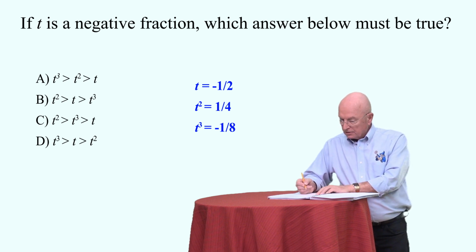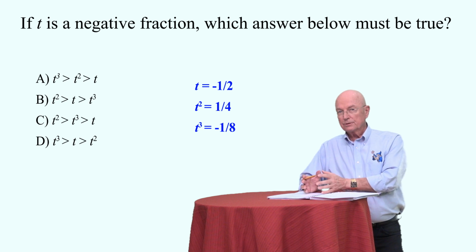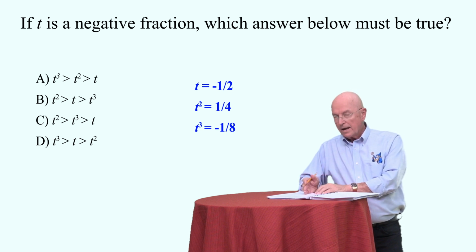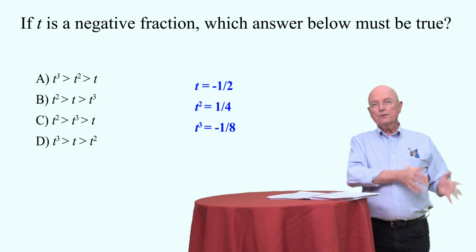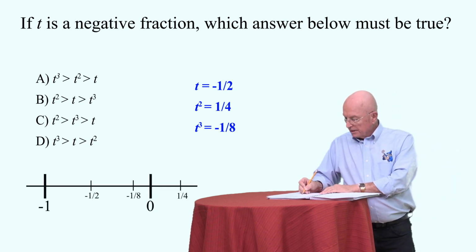Now the question is, which is larger, negative 1/2 or negative 1/8? Knee-jerk response for lots of students is negative 1/2 is larger, but it isn't, because you've got to remember we're on the other side of the number line. So if you just draw a number line, you see that 0 is here, negative 1 is here.